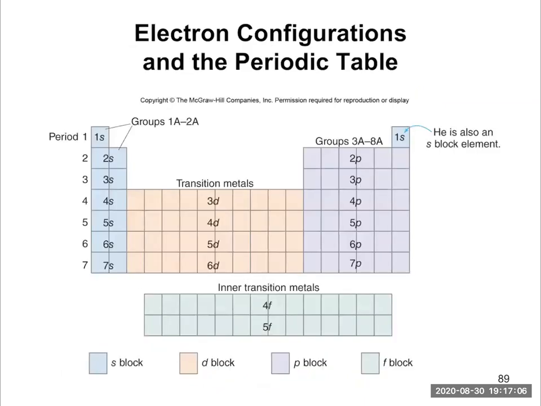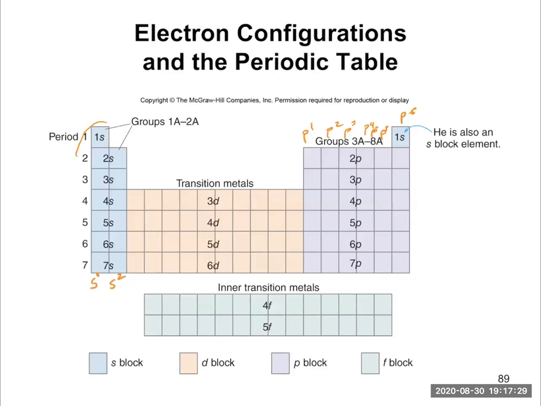We also have blocks. They call them blocks. Everything in here is going to end up in s1, s2. This is going to be p1, p2, p3, p4, p5, p6.